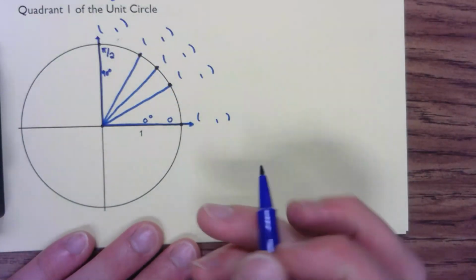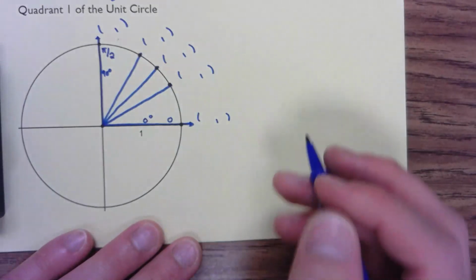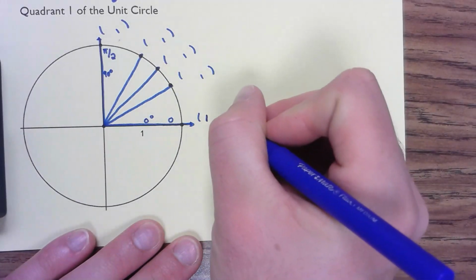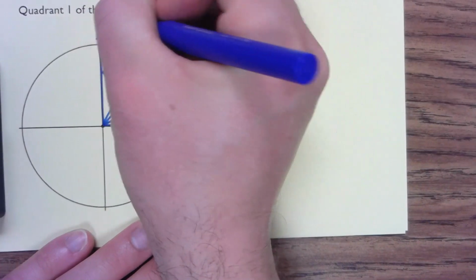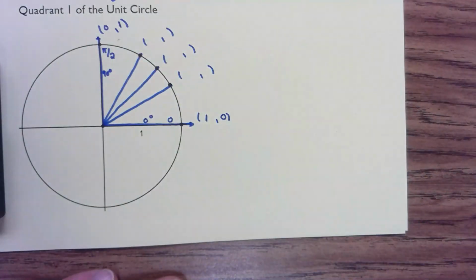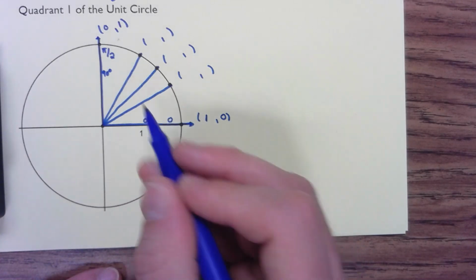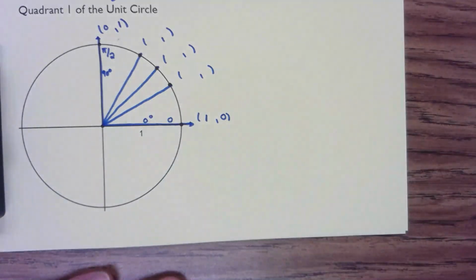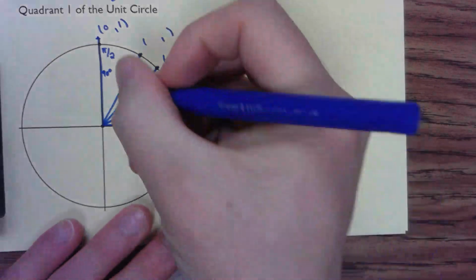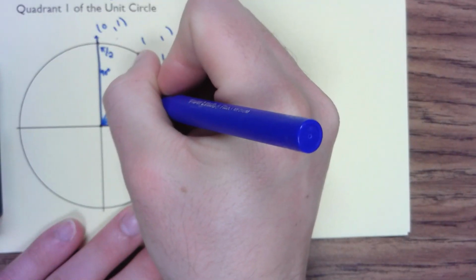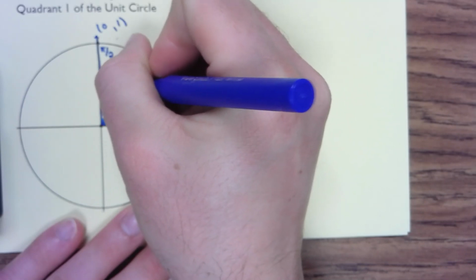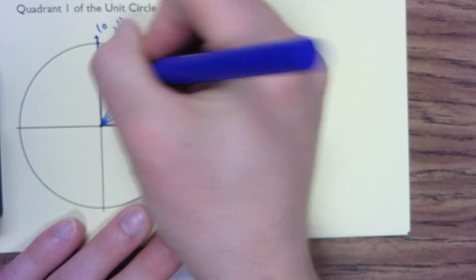Also at those axes points, the coordinates are easy because they're just the radius, so (1, 0) and (0, 1). And then to fill in all of these increments, I remember that they are increments of 30, 45, and 60 in between the axes. So this is 30 degrees, 45 degrees, and then 60 degrees.